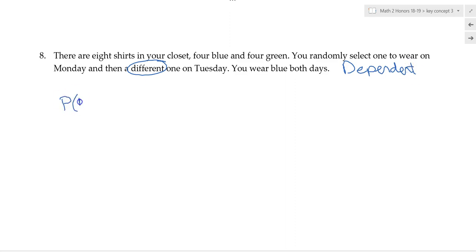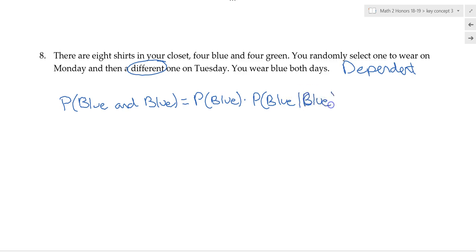So, the probability of blue and blue. So, what's the probability of blue? What's the probability of blue given blue? Okay. Probability of blue. I have 4 blue, 4 green.